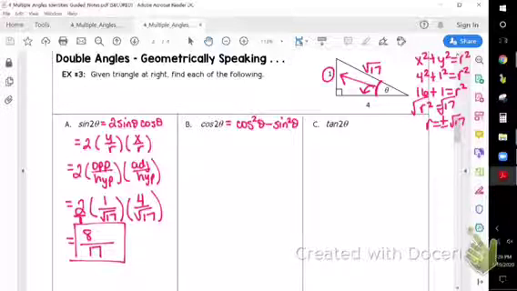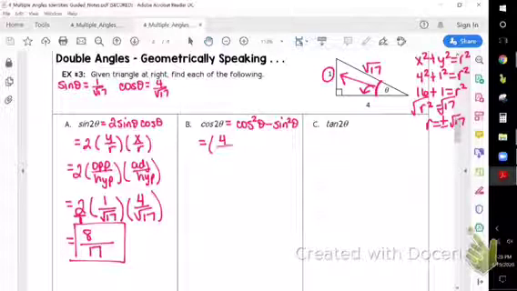Well, if you recognize that you just found in the previous one, we had said that sine of theta was equal to, was it 1 over the square root of 17? And we said cosine of theta was equal to 4 over the square root of 17. I can just plug those in now. So I know cosine is going to be 4 over the square root of 17 squared minus sine, which is 1 over the square root of 17 squared. Now remember, when you square a fraction, you can look at it as it means to multiply it by itself, or the top and the bottom are both going to get the 2, or the square.